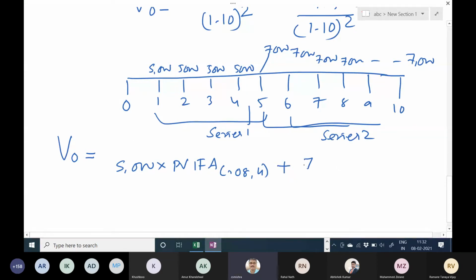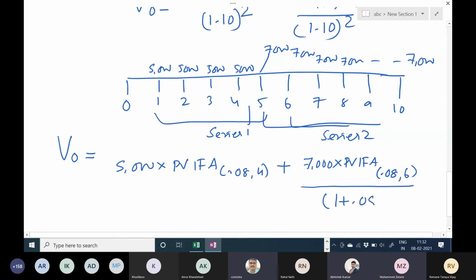Again, 7,000 into PVIFA 0.08, comma 6 years. But I have to divide by 1.08 to the power 4 or 5? 4. Because the cash flow starts from the 5th year, your annuity will be at the end of year 4. Very good. So you get it now. How much? You do that.